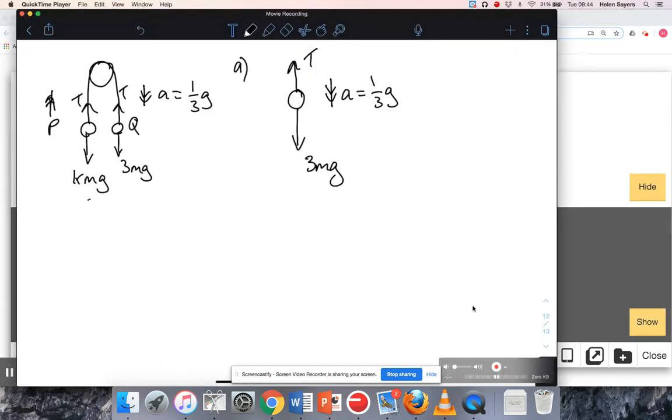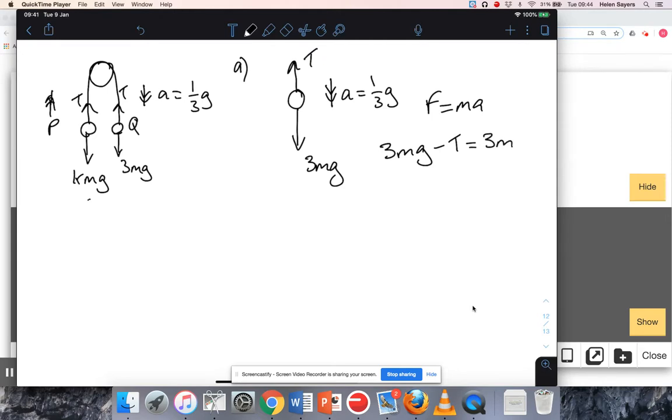Okay, so if I use F equals ma, the resultant downward force is 3mg minus T, which is the mass of Q, 3m, times the acceleration, which I'm told is 1/3 g. So that's 3mg minus T equals, and the 3 times 1/3 I'm going to cancel, so mg.